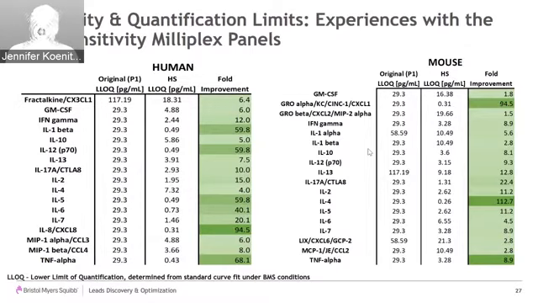The tables that you can see on the slide, on the left for human, on the right for mouse, show the comparison of the LLOQ, the lower limit of quantification, between the Milliplex regular sensitivity panels that we initially started using and the newer high sensitivity panels. The LLOQs in our case are determined by the fit of the respective analyte standard curve under our specific assay conditions.